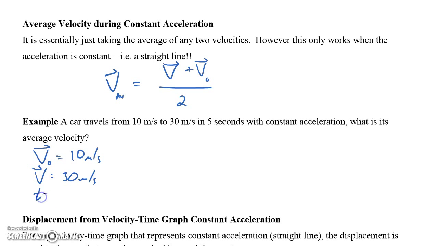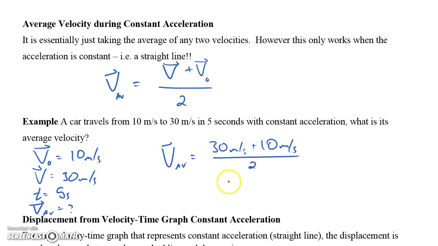We're given time is 5 seconds, and we're asked for V average. So V average is 30 meters per second plus 10 meters per second all over 2. 30 plus 10, 40 divided by 2. So that gives us 20 meters per second as our average velocity while that object is accelerating.